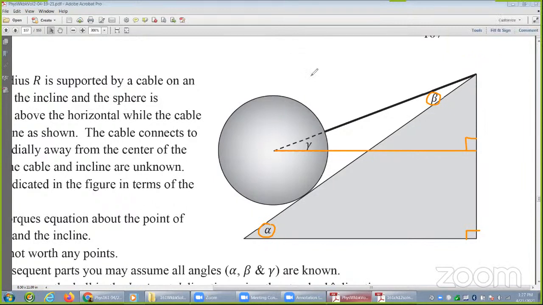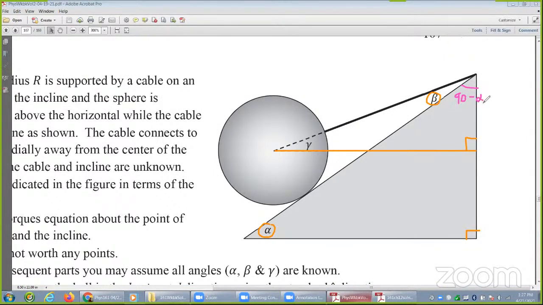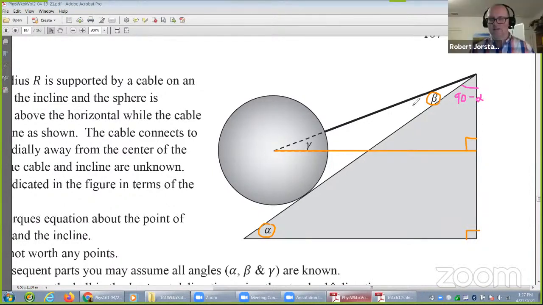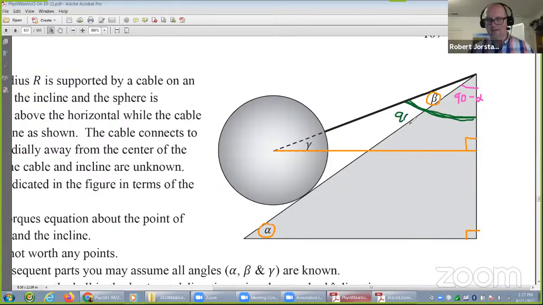Well, the corner on top of the ramp is 90 minus alpha, and then you can add that to beta, figure out the difference from 90 degrees. You're on it. That's it. So this angle right here would be 90 plus beta minus alpha, so to speak, or you could rearrange it differently.